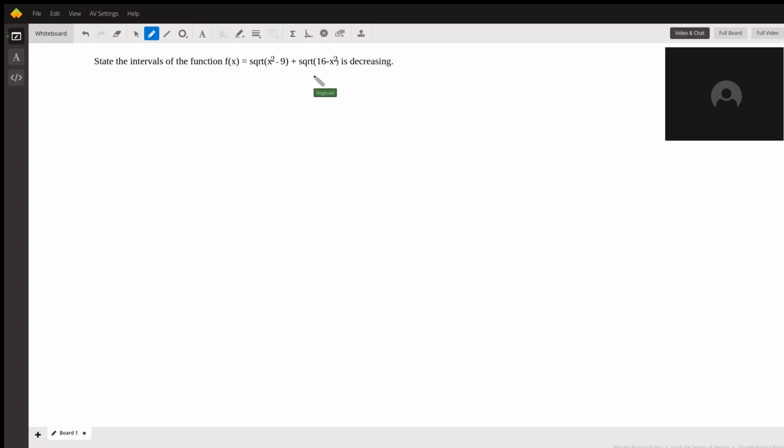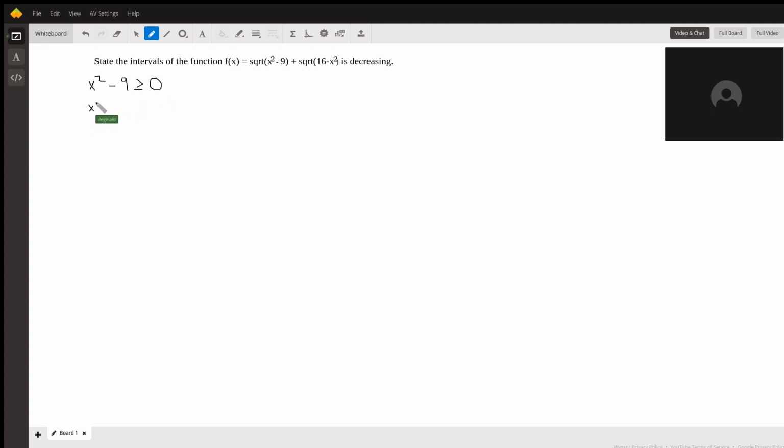So if we eyeball this thing, we can tell that there are two domain restrictions, right? We can't square root a negative, right? So that says that x squared minus 9 has to be greater than or equal to 0, right?